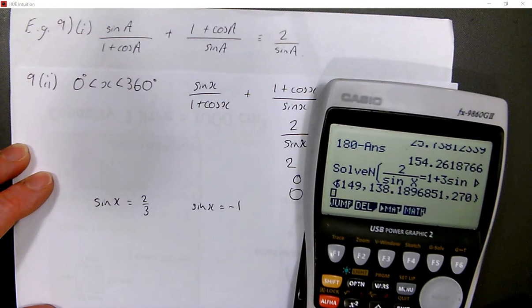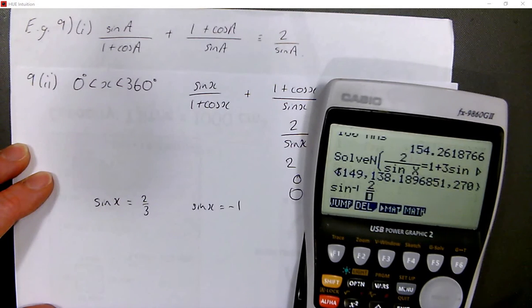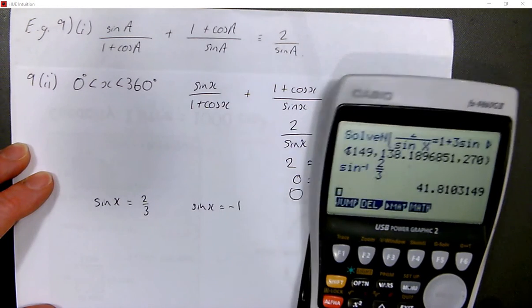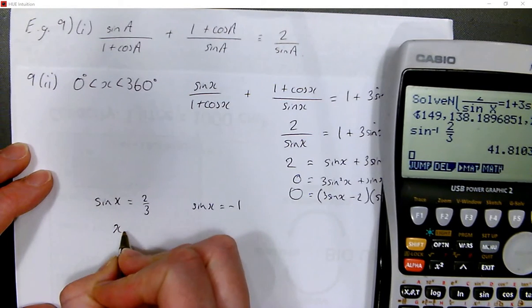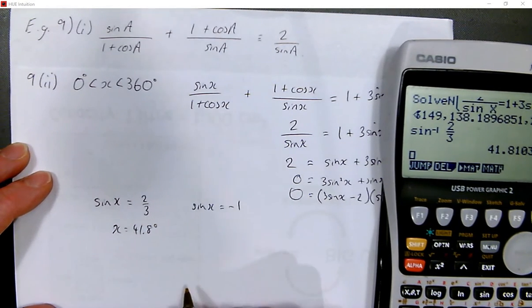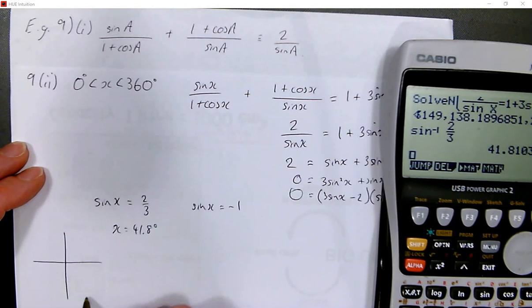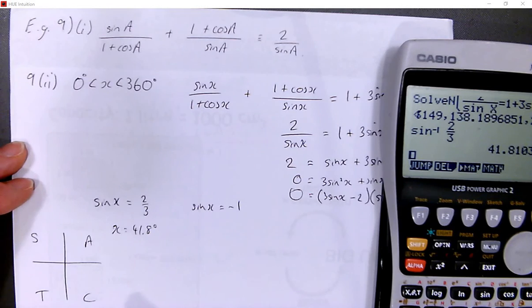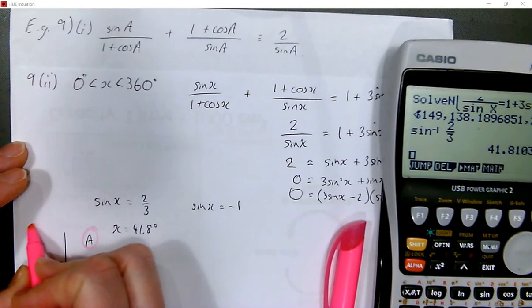So if we inverse sine 2/3, then we get 41.8 degrees. Okay, we use a CAST diagram. So here sine is positive, so we're just looking in the quadrants where sine is positive.